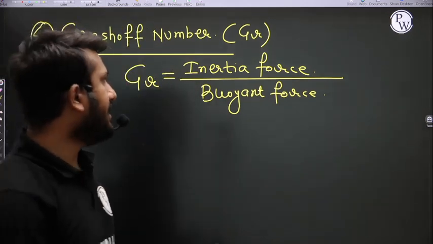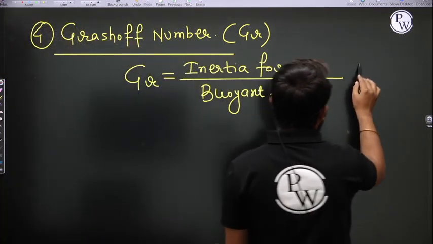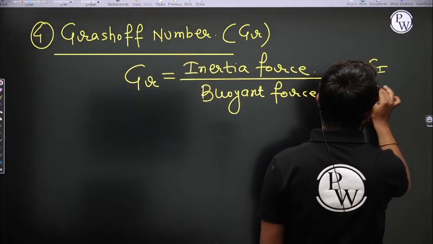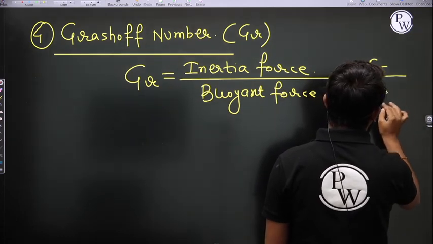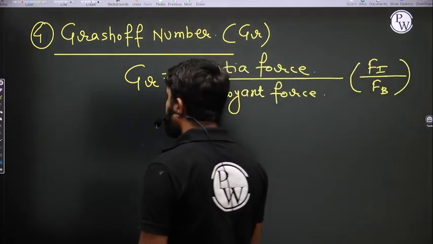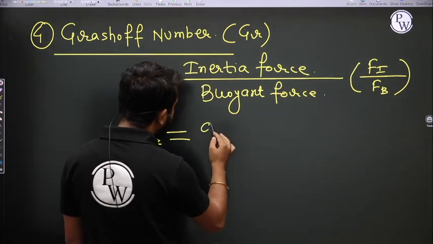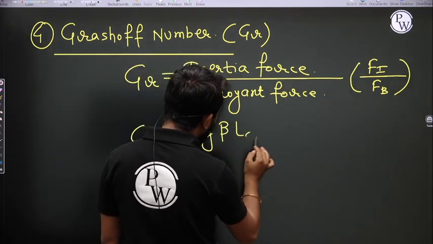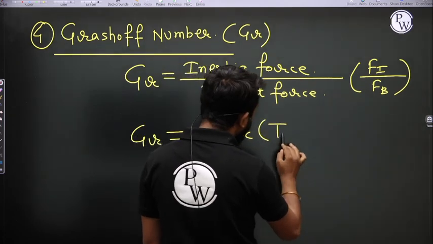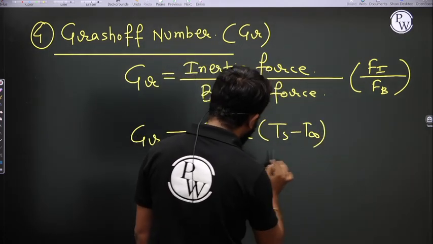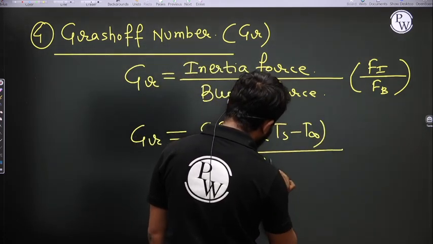What is the inertia force? Inertia force is denoted by Fi. The buoyant force is Fb. If you solve this, you get the Grashof number mathematical expression like this: g beta Lc cube (Ts minus T infinity) divided by nu square.